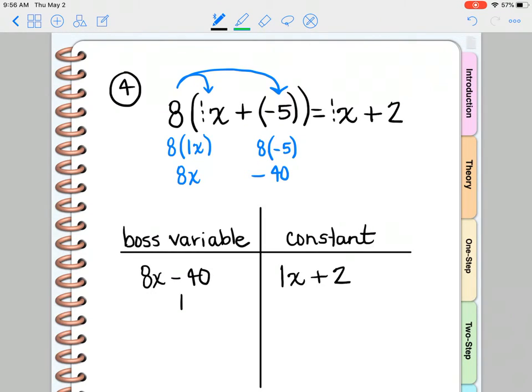And I'm going to go ahead and move the plus 40. So I'm left with 8x, 1x plus 42.